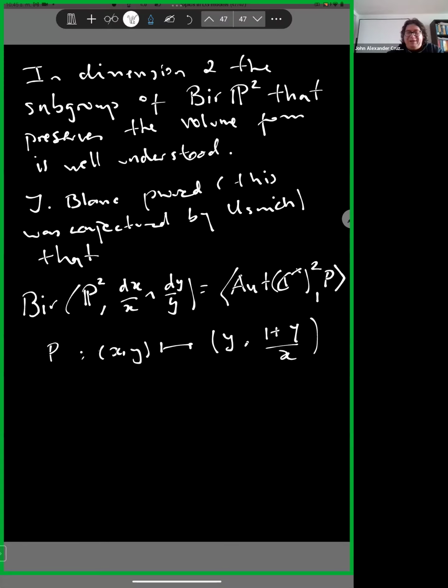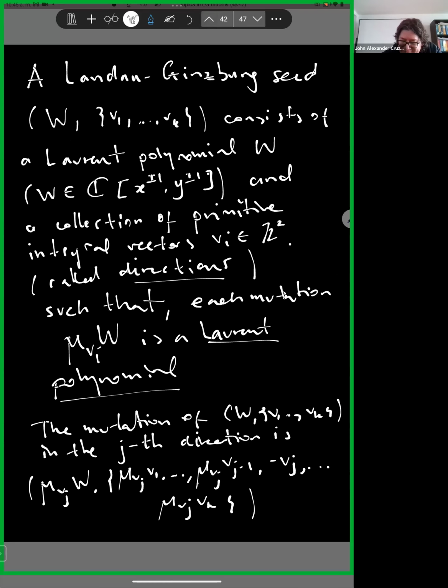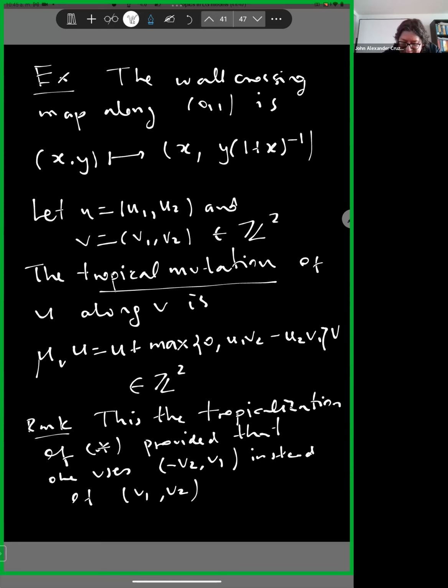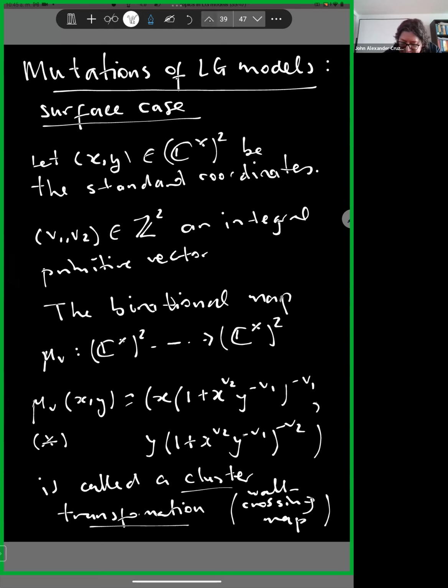Remember the first map I defined here. You may have to consider some change of coordinates, or maybe the other direction, maybe minus one or something.